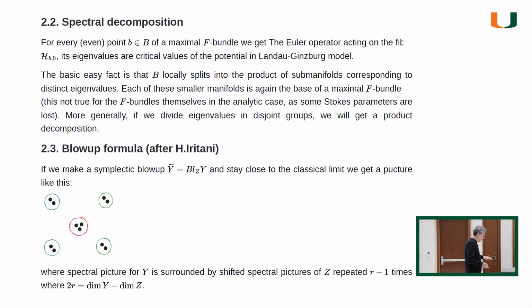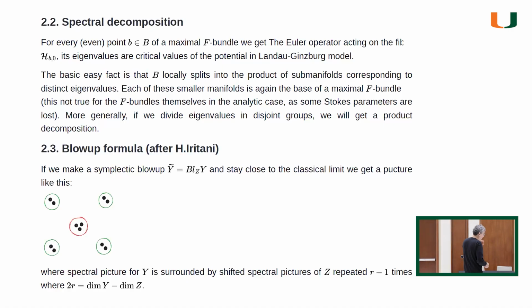You get a maximal F bundle, or actually an F bundle in any sense. And then at any point, you get the Euler operator acting on the fiber, and it has some eigenvalues, which are critical values of the potential of the Landau-Ginzburg model.